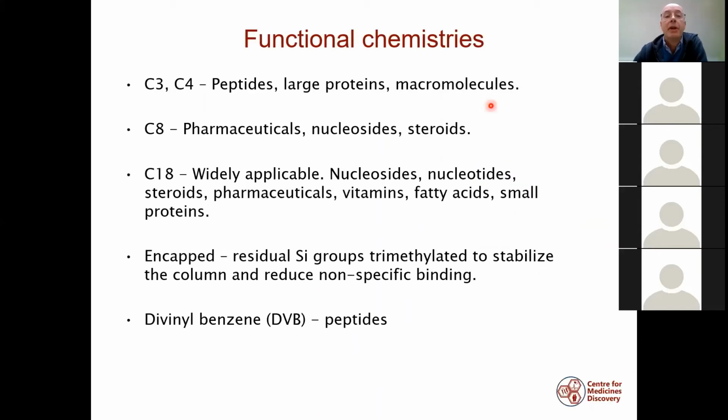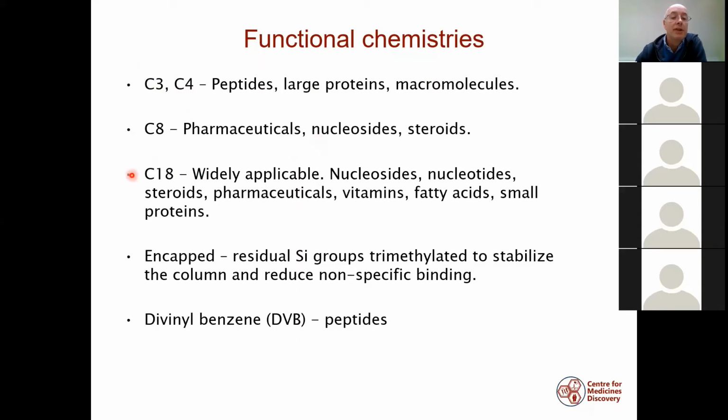So I've mentioned something about functional chemistries. Which functional chemistry you choose depends on what you are separating. These two, C3, C4, will work for peptides, large proteins and macromolecules. You don't want your proteins to bind to these particularly tightly because otherwise it will not come off. So this is fairly weak binding for proteins. C8 is used for pharmaceuticals and nucleosides and steroids.